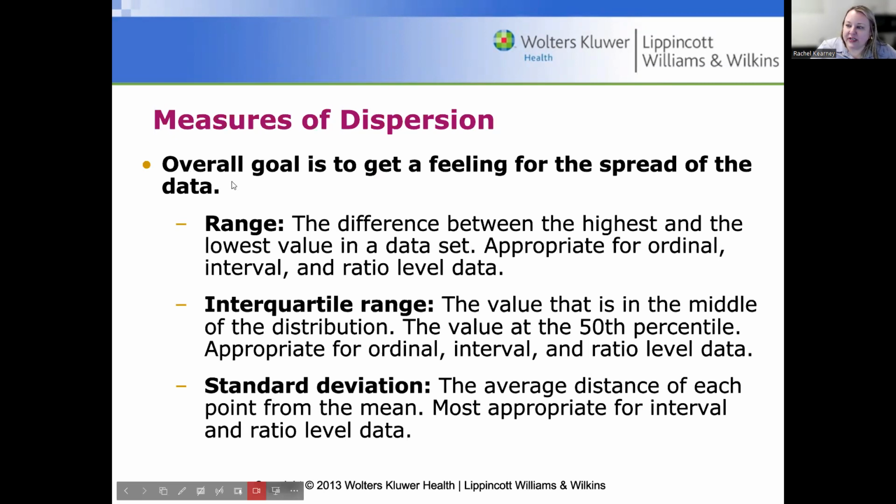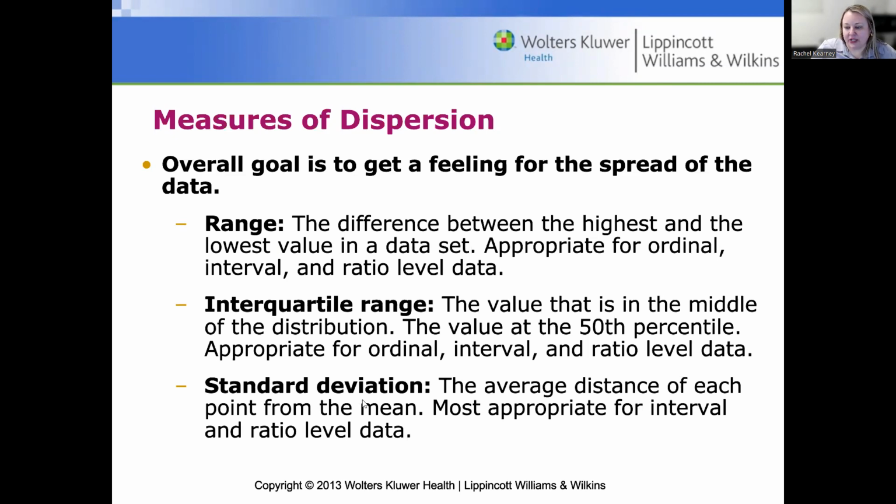There are measures of dispersion, and this is to get an idea of the spread of the data. So what is the overall spread of the data? The first measure of dispersion is range, which is the difference between the highest and the lowest value. Interquartile range is the value that is in the middle of the distribution, so the value at the 50th percentile.